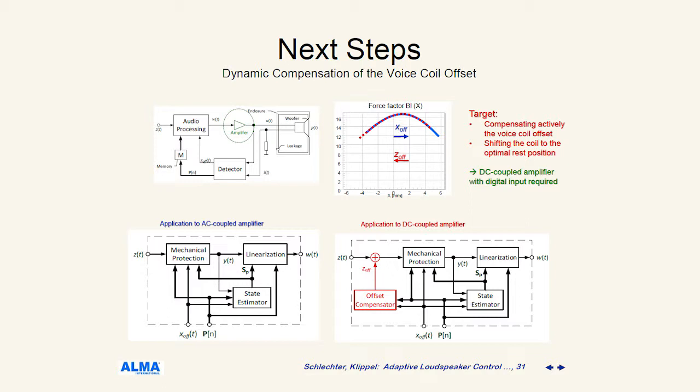But what we would like to do, if we had a voice coil offset, it would be very interesting to compensate actively that offset. We would like to shift with a small DC voltage the voice coil to the optimal position where we can exploit the most working range of the loudspeaker, where we have highest efficiency.